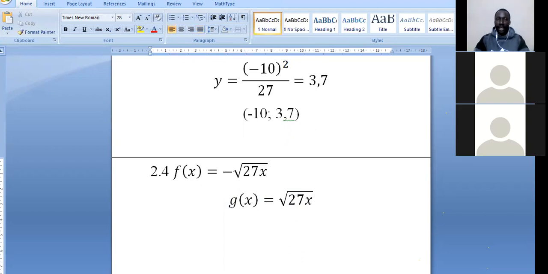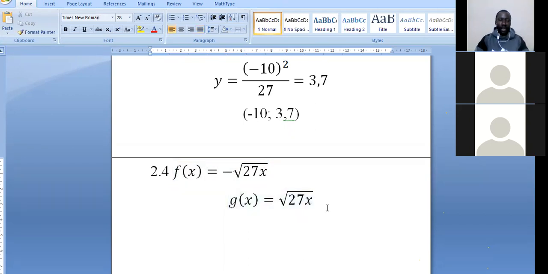Now, the thing you notice here is that g came from f after f was multiplied by negative, because you see, g does not have a negative here.